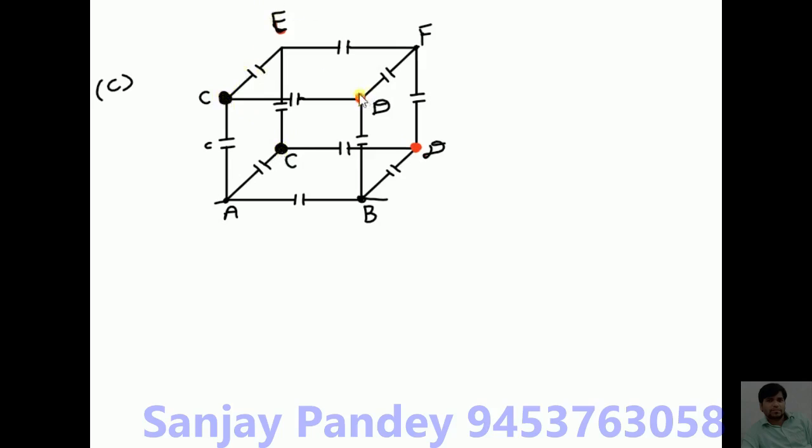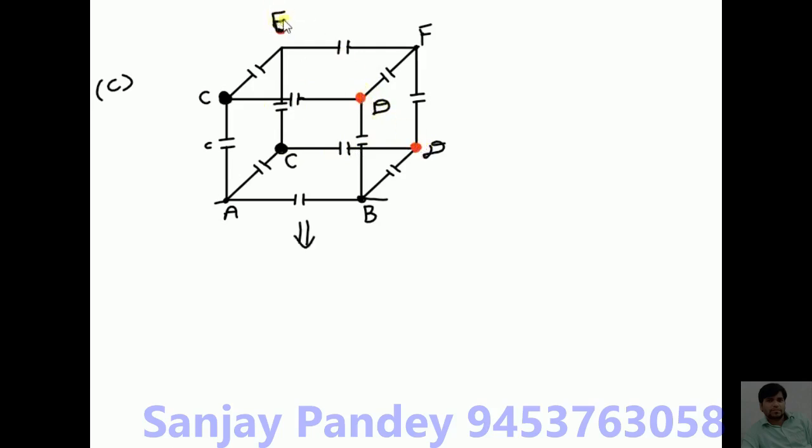Similarly, these two points D are also symmetric because between D and B there is only one capacitor, here is also one capacitor, and between D and C there is one capacitor, and from this C to D there is only one capacitor. So positions D are also symmetric, and these two points are equipotential points.